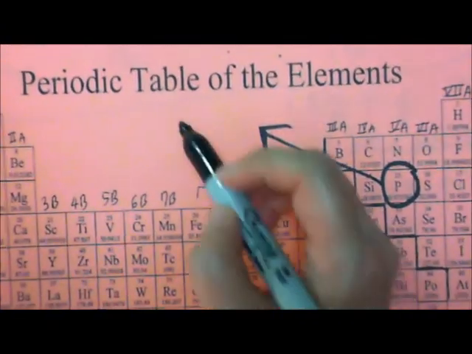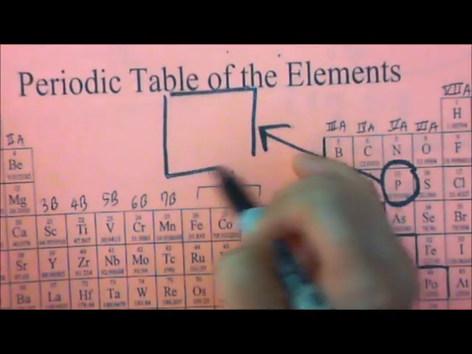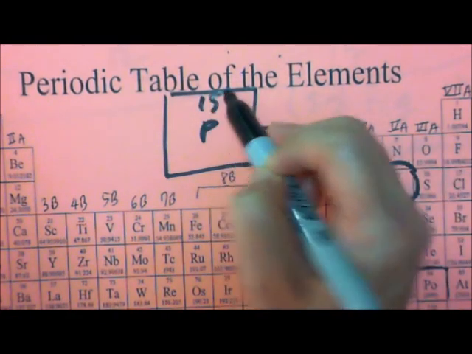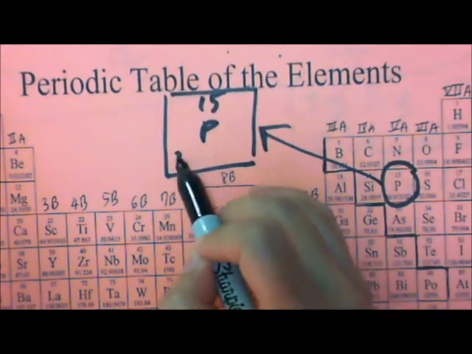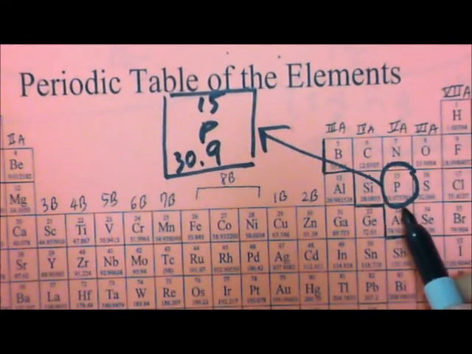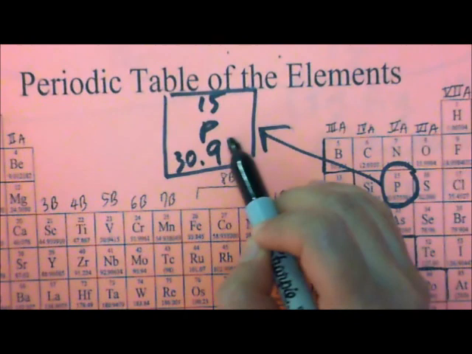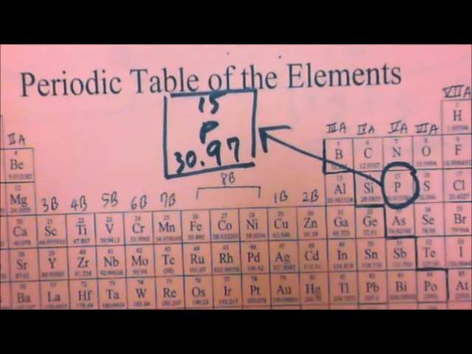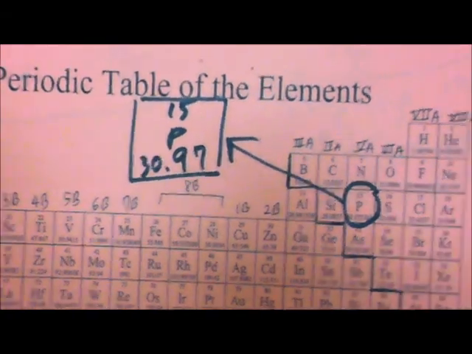The little block there says phosphorus, and on the top it says 15, and on the bottom it says 30.9, and it actually has a bunch of numbers, but I'm just going to round that up to 30.97. Okay, so that's what my little block in the periodic table says.